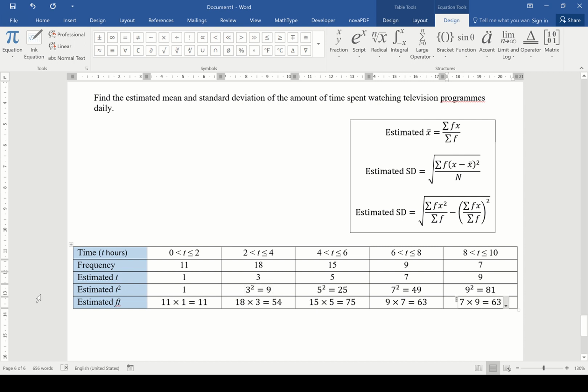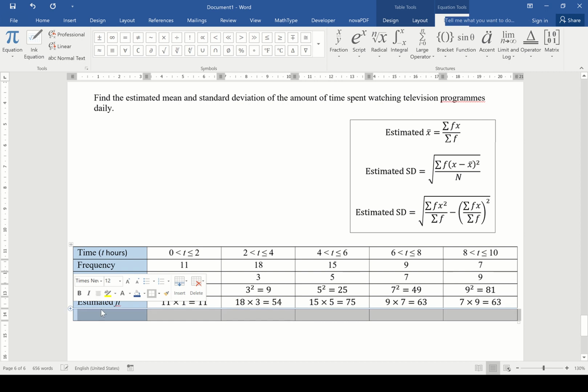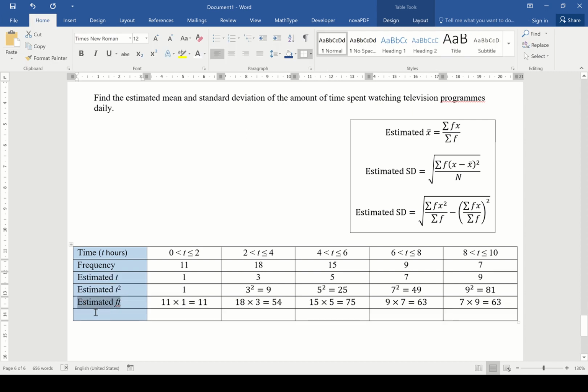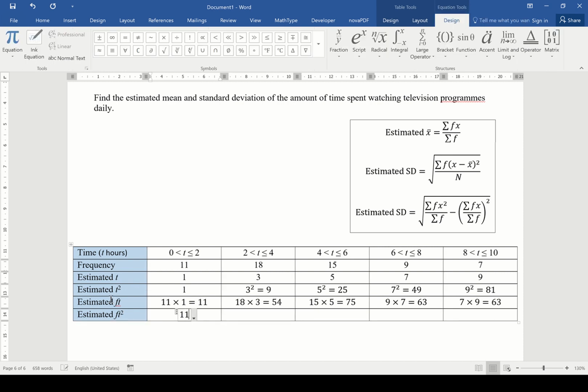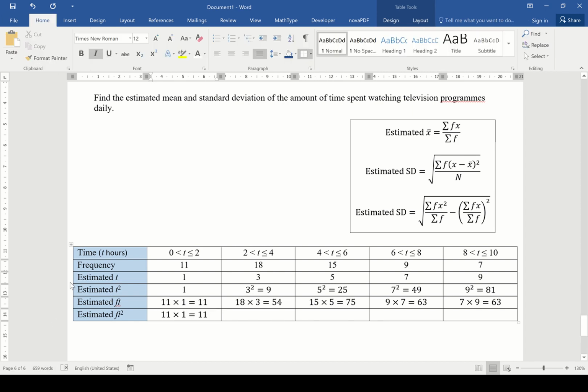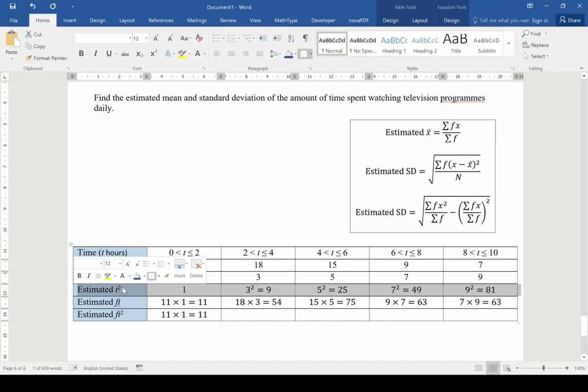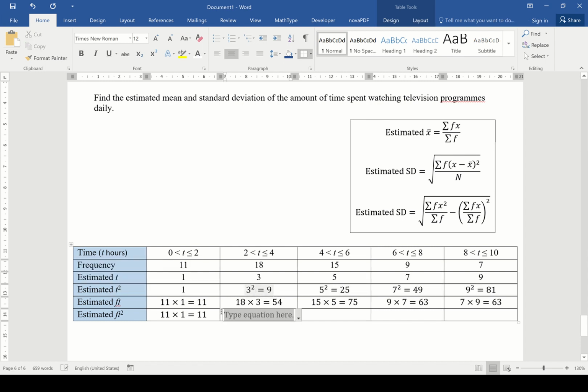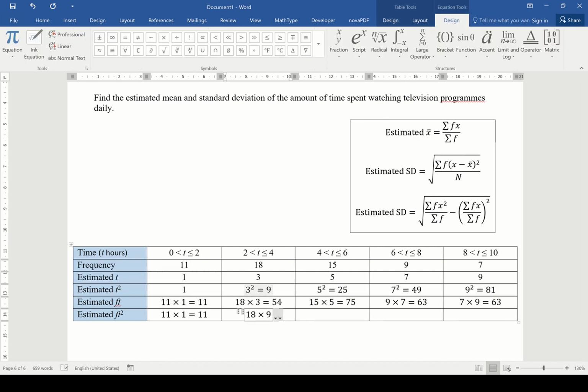Then we will also need our ft square. So same thing, estimated ft square. We will just take 11 times 1, which is 11. Now we are looking at these two rows, the estimated t square and the frequency. Here is 9, so 18 times 9, which equals 162.